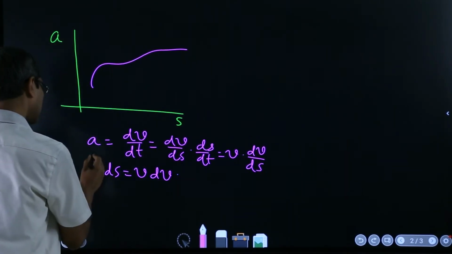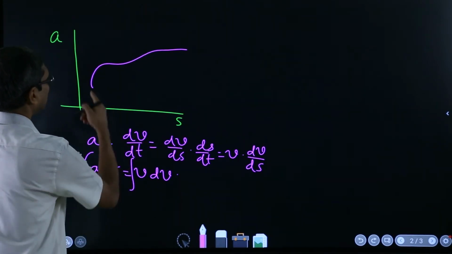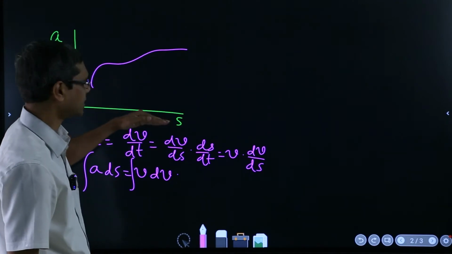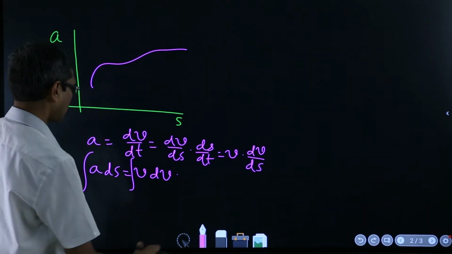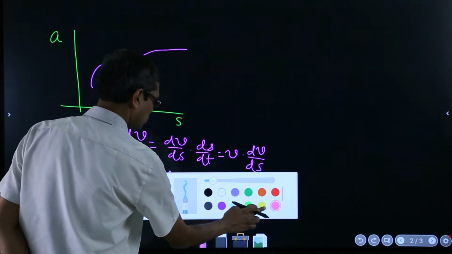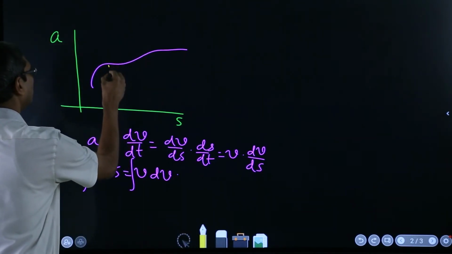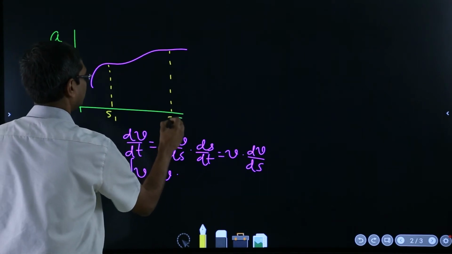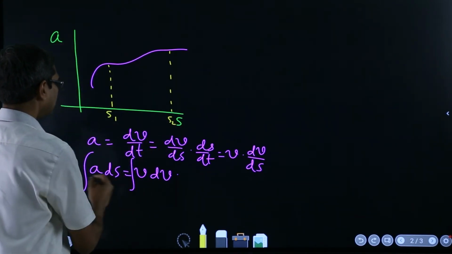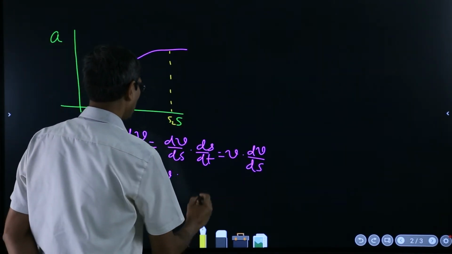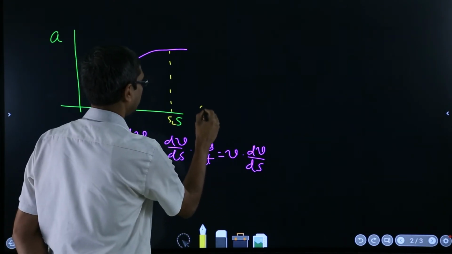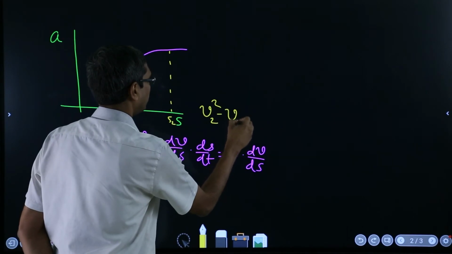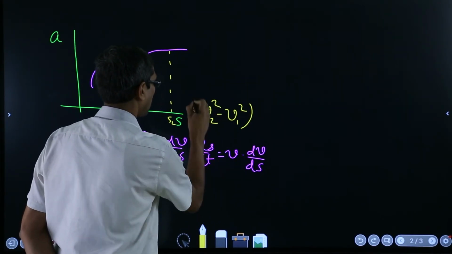Now if you integrate this, that is why we are trying to draw A versus s. If you draw that and pick any s1 and s2, the area under that curve is nothing but half of v2 squared minus v1 squared.